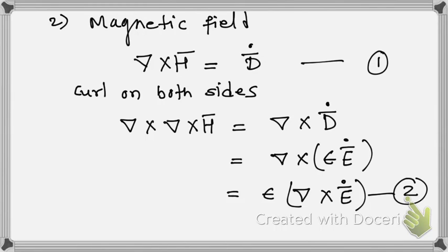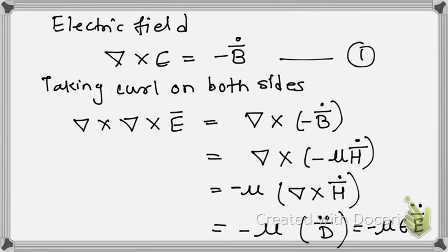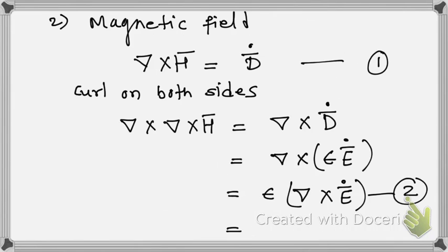But what is del cross E bar dot? What is del cross E bar dot? We have written something as an identity in the previous equations. So that is del cross E bar dot is equal to minus B bar dot. So epsilon into bracket minus B bar double dot it is. So this we will call equation number 2.